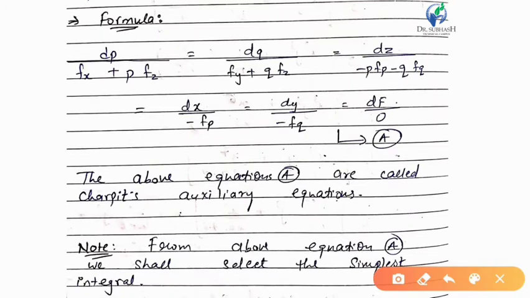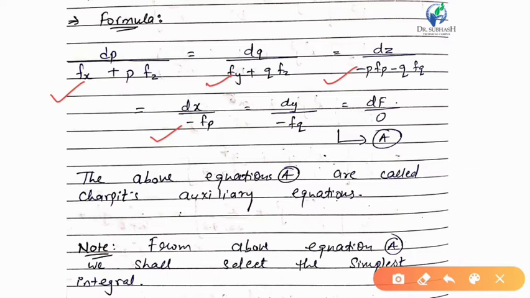The formula of Charpit method is dp upon fx plus p fz is equal to dq upon fy plus q fz is equal to dz upon minus p fp minus q fq is equal to dx upon minus fp is equal to dy upon minus fq.